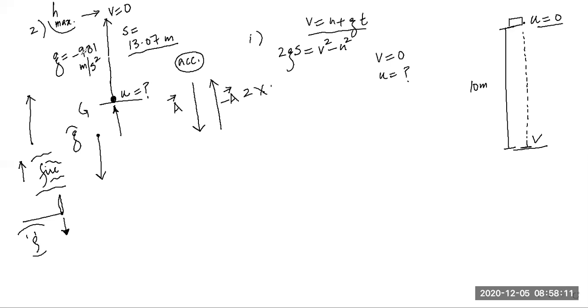Because of this, you can say this is retardation, or you can say this is deceleration. Because the acceleration is negative, or you can say the force acting on the object when it's going up is negative, its velocity decreases, decreases, decreases, and finally the velocity becomes zero.